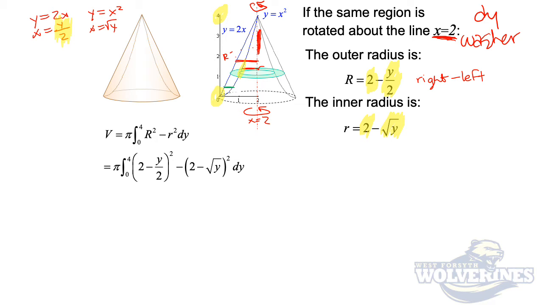So we've got pi, the definite integral from 0 to 4, and then we've got big R squared, which is a right minus left, minus little r squared, which is also a right minus left. Same right boundary for both because they're both revolving around the same axis.